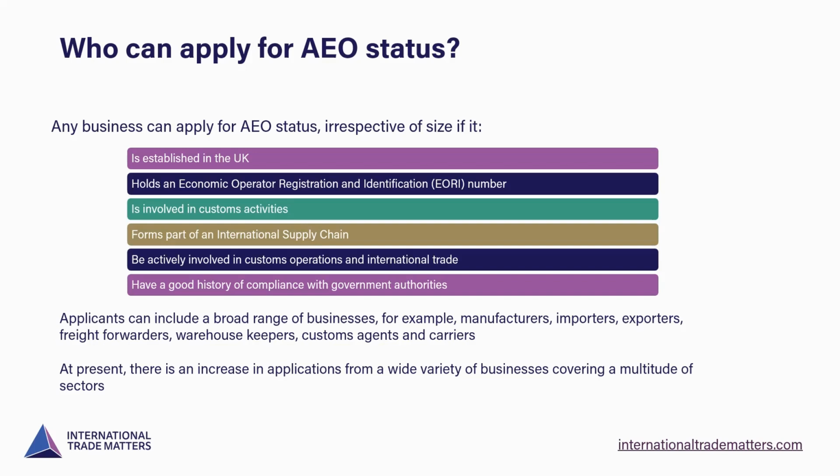We're doing some work at the moment, International Trade Matters, with a nominated freight forwarder to review their processes to make sure that they are fit for purpose and they can supply the services that you as a manufacturer or a warehouse operator expect of them, therefore paving the way for them to apply for AEO. And at present, there is an increase in applications from a wide variety of businesses here in the UK, which is really good news, and they cover multiple sectors.